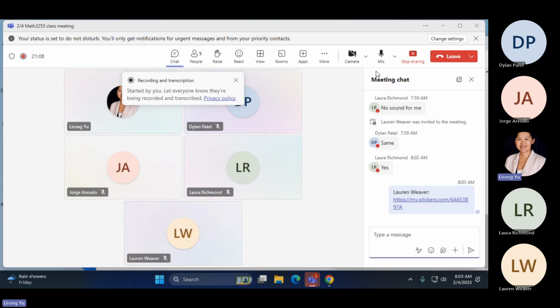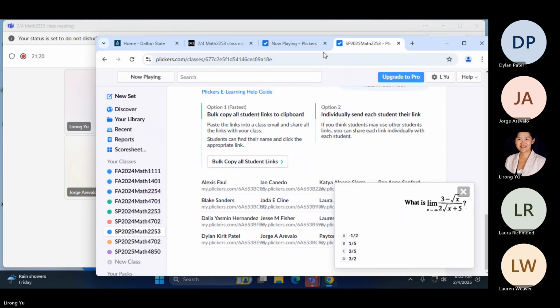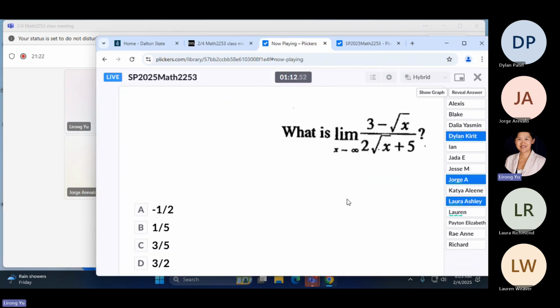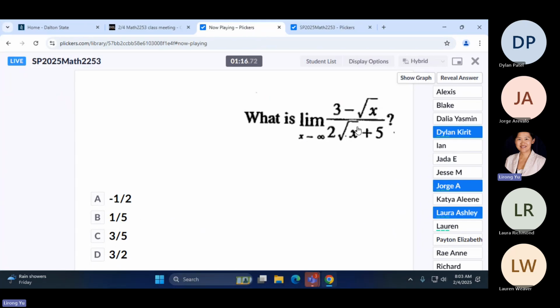I checked the sound system on my side, so I make sure that both of the mics are on, on the computer and on the app. So there are 4 students attending virtually. I can see there are 4 of you. Okay, so if you are ready, you can submit your answer. Right, thank you. Okay, thank you. That's right, thank you.